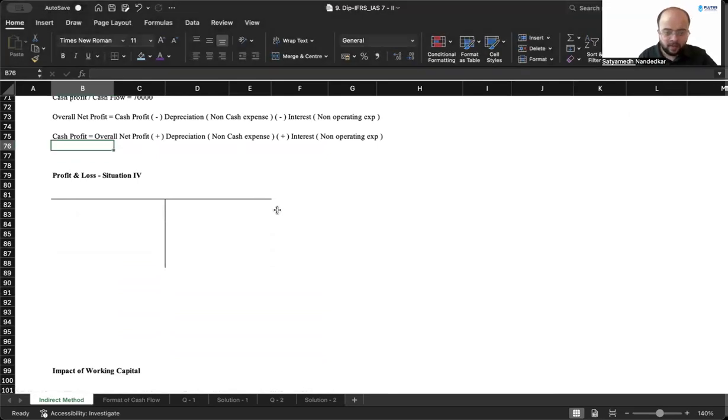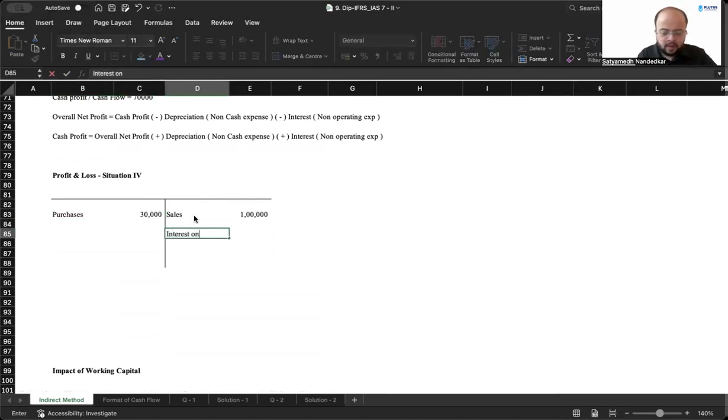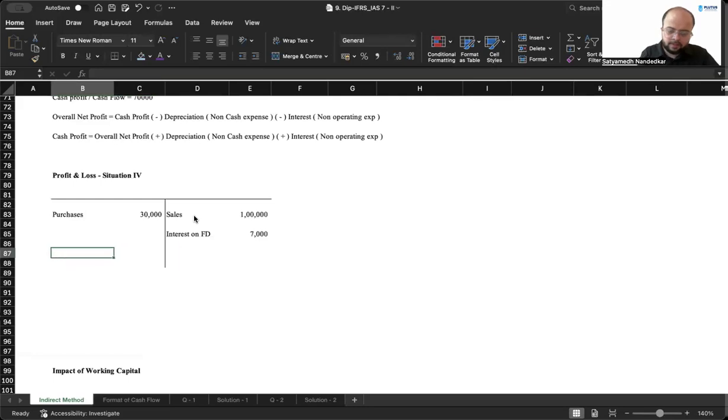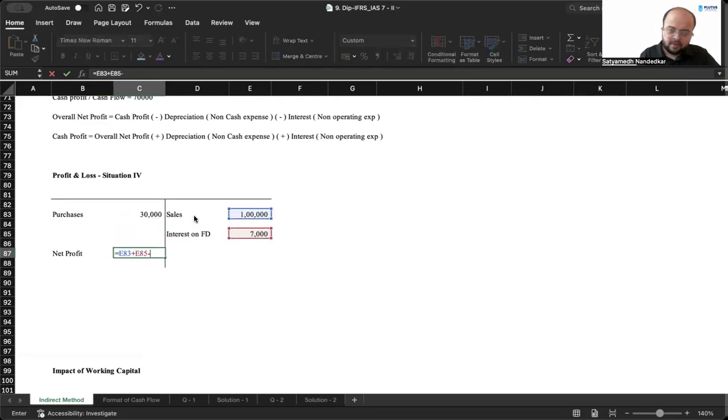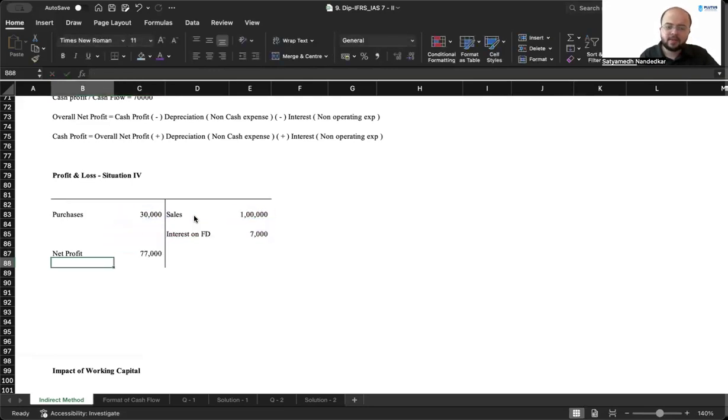And now one last part. Sales 1 lakh, purchases 30,000, interest on FD 7,000. Net profit is 1 lakh plus 7,000 minus 30,000.